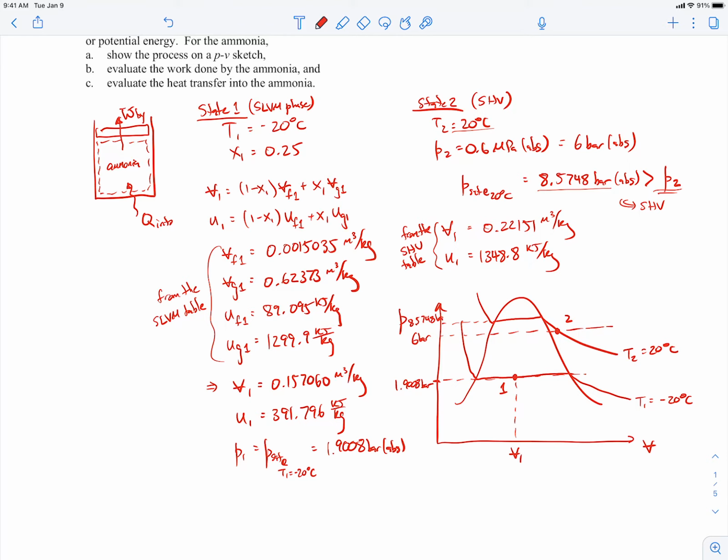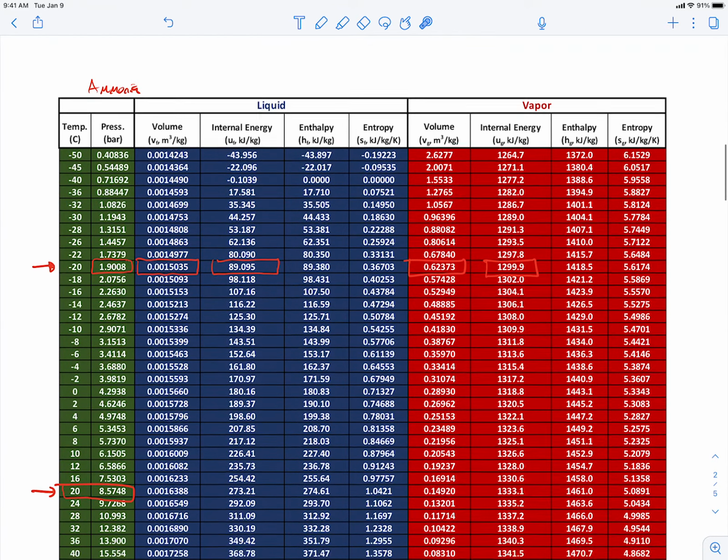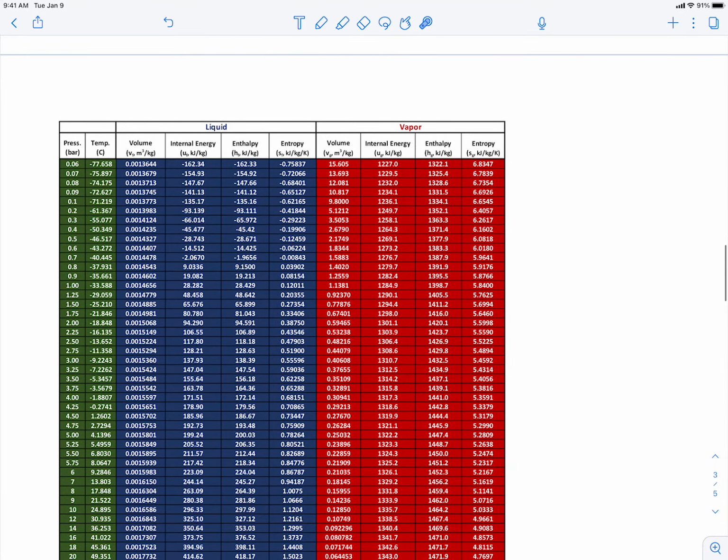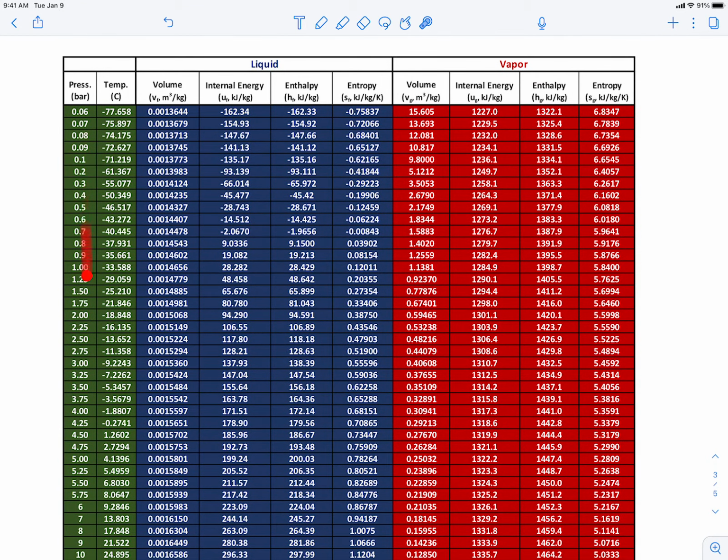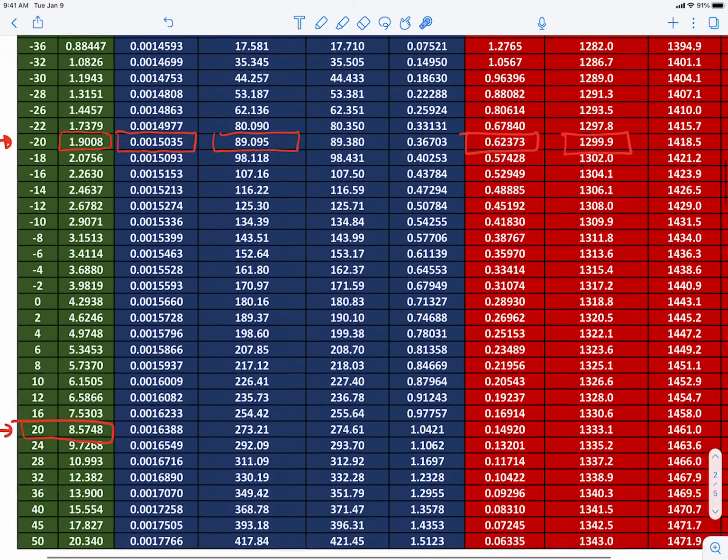5748 bar. If you want to know what the isotherm is corresponding to this one at 6 bar, we could just go back to the pressure table for ammonia, which would be this one. Here's the table organized according to pressure, and for 6 bar, the corresponding saturation temperature is about 9 degrees Celsius.